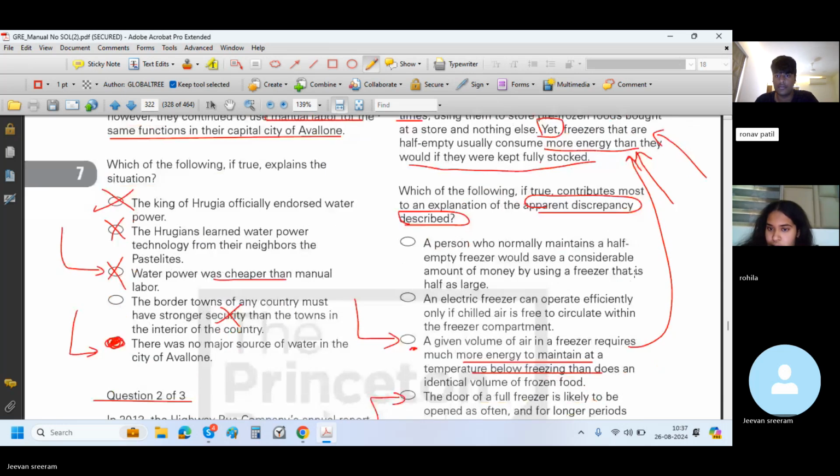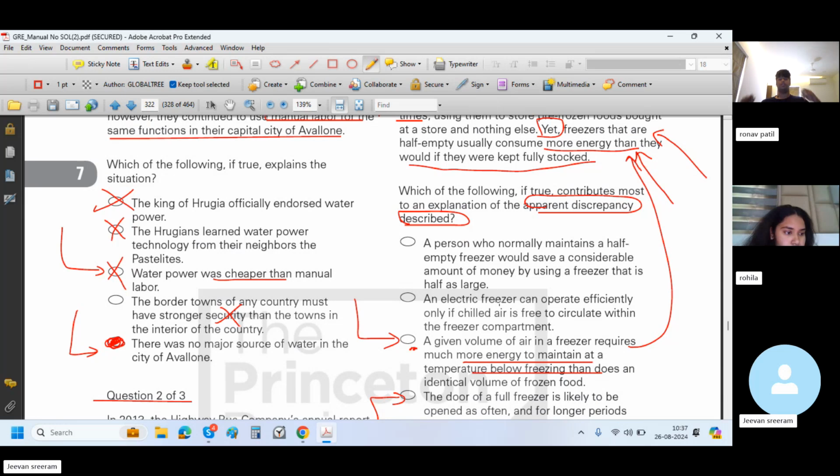So it is giving a sense that more energy is required to keep the air frozen than to keep the food frozen.